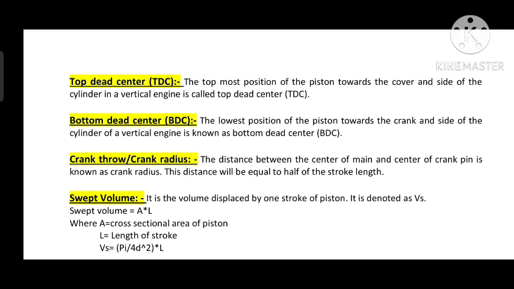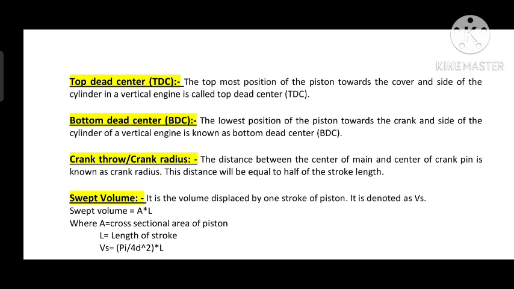It is the volume displaced by one stroke of a piston. It is denoted as Vs. Swept volume is A multiplied by L, where A is the cross sectional area of the piston and L is the length of the stroke.